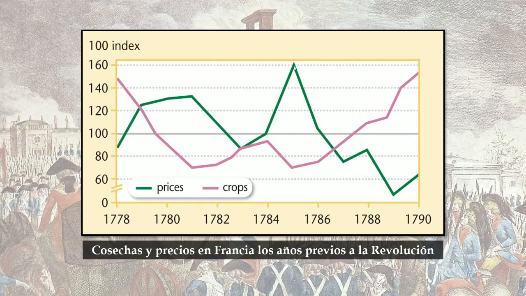So there was a significant series of poor harvests which led to a very important rise in the prices, like today with our government. So this generated a lot of discontent among the poorest people of France.